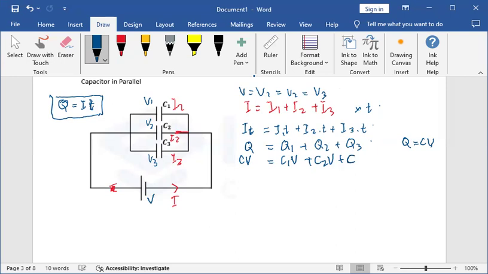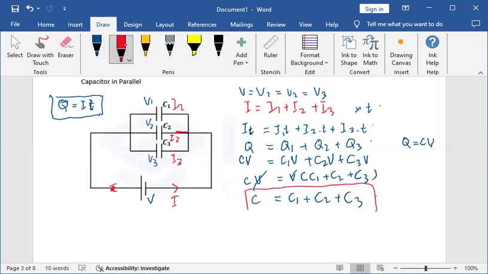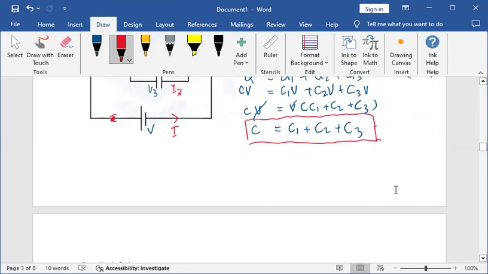And then C3 times V. So CV equals V times (C1 plus C2 plus C3). So the total capacitance is C1 plus C2 plus C3. This is how to find total capacitance from some capacitors arranged in parallel.